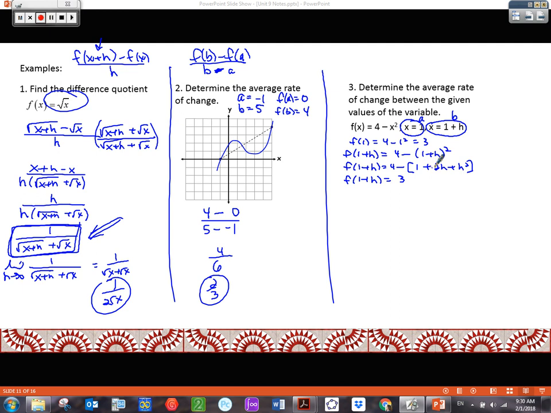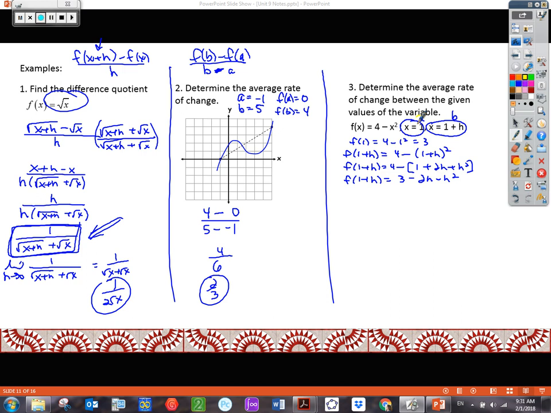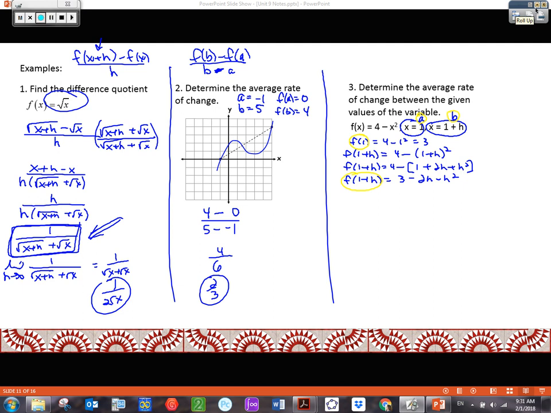And then I distribute the negative to the other parts of this, and I get negative 2h minus h squared. Okay, so I have my a and I have my b, and I have my f of a and my f of b.